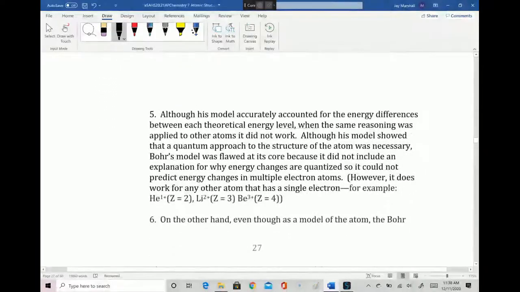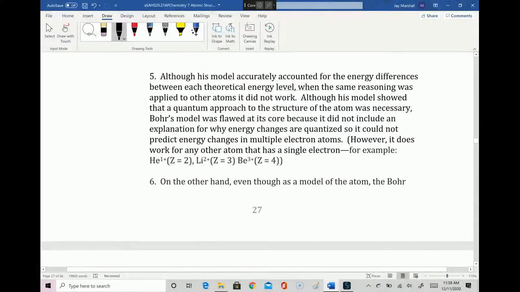We're not going to do that again. We're just going to talk about the significance of this. Although his model accurately accounted for the energy differences between each theoretical level, when the same reasoning was applied to other atoms, it didn't work. And there are a couple of reasons for that.